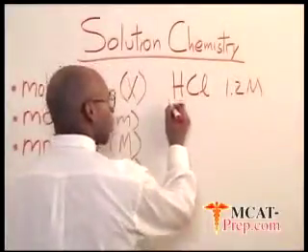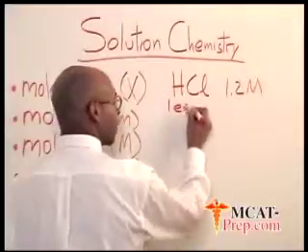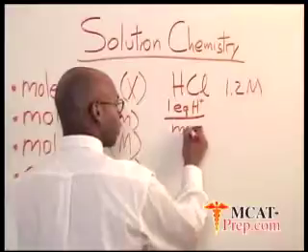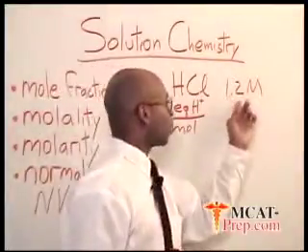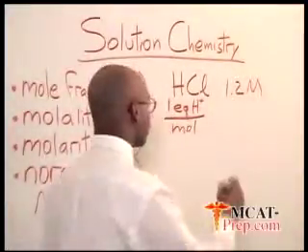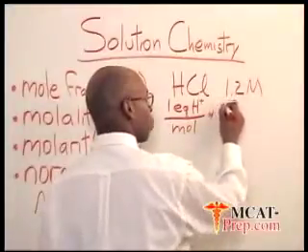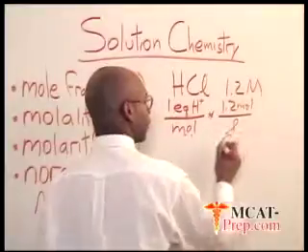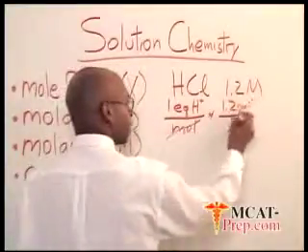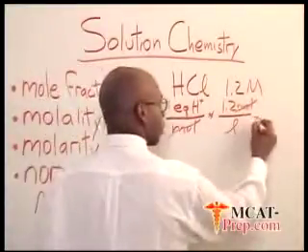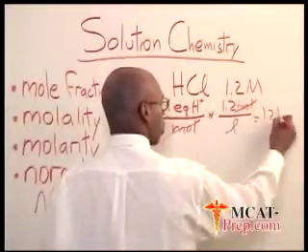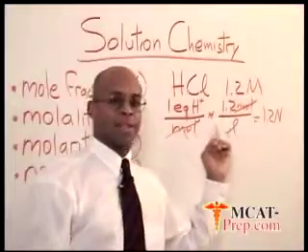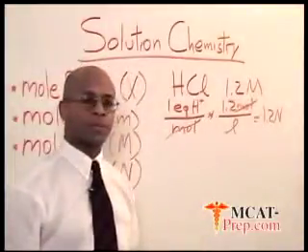So we have one equivalent of acid per mole. This is 1.2 moles per liter. So if we multiply that by 1.2 moles per liter, well then moles cancel, and we end up getting 1.2 normal. It will be 1.2 equivalents of acid per liter.